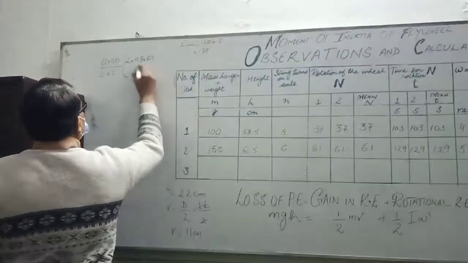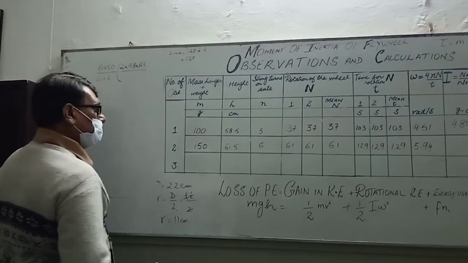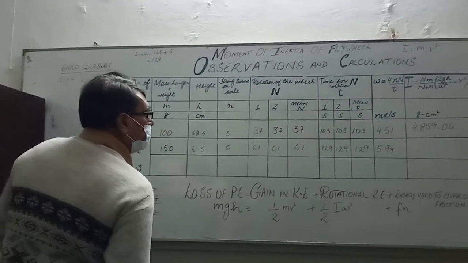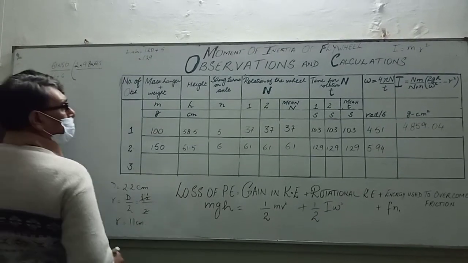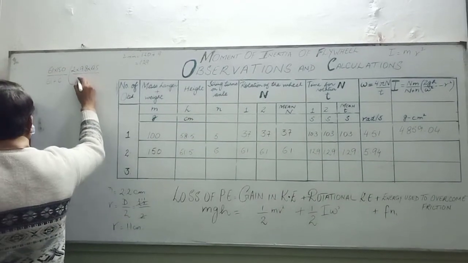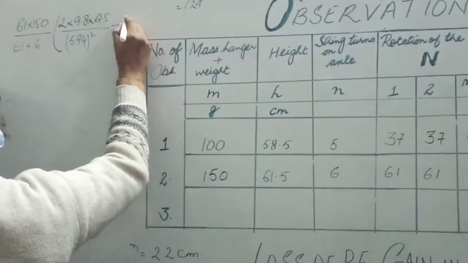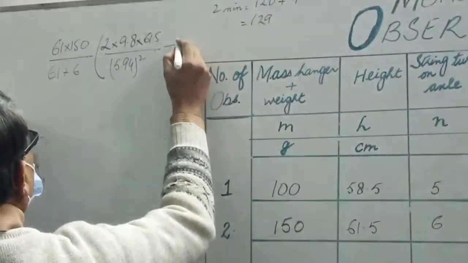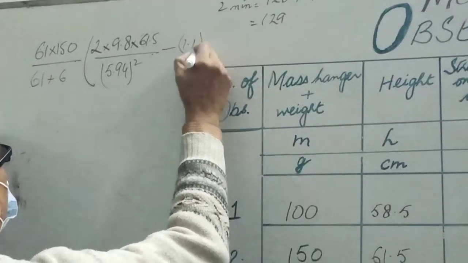61.5 divided by, with the help of this square, 5.94 square. What is the value of R? 1.1 square.